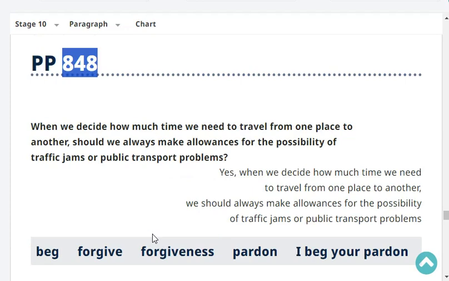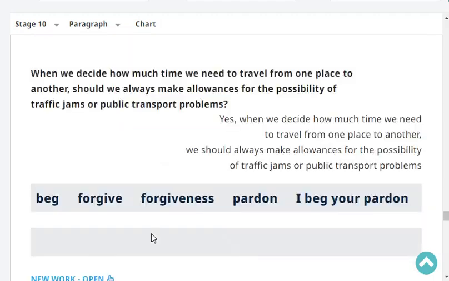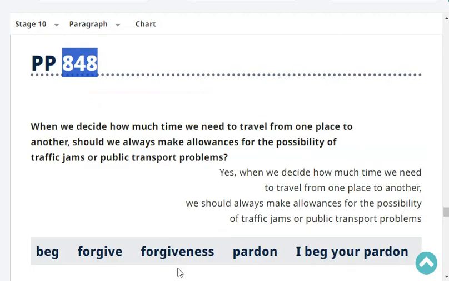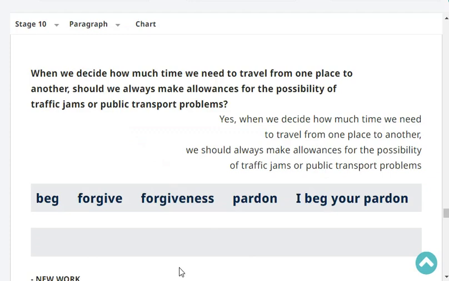When we decide how much time we need to travel from one place to another, should we always make allowances for the possibility of traffic jams or public transport problems? Yes.